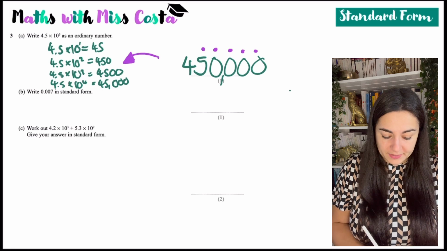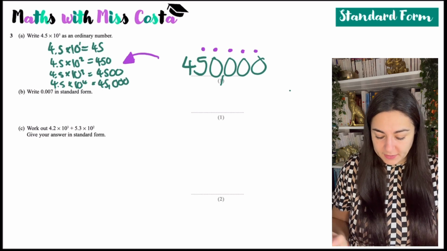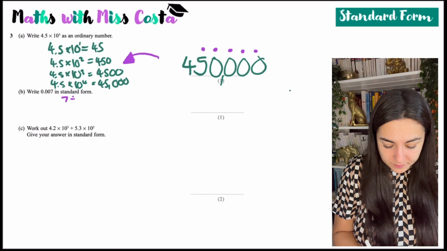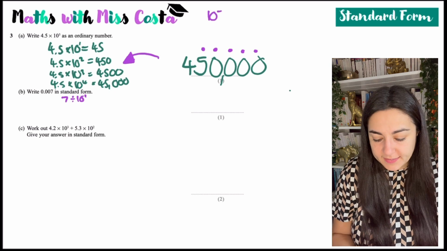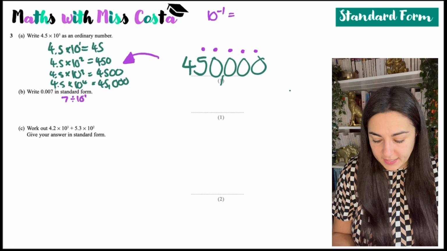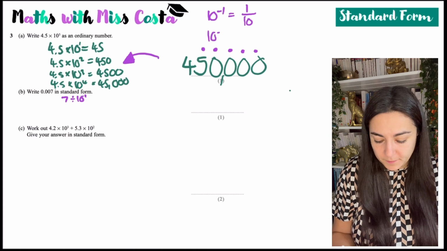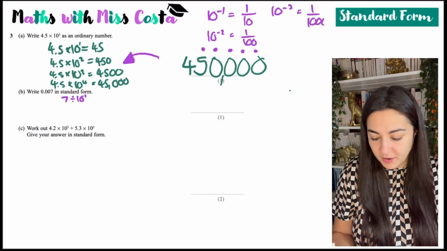Write 0.007 in standard form. So once again, let's have a look at what's happening. So if I did 7 divided by 10, and when I say 10 to the power of minus 1, what that means is dividing by 10. Okay, so multiplying by a tenth or dividing by 10. 10 to the power of minus 2, that would be dividing by 100. 10 to the power of minus 3, that would be dividing by 1,000.